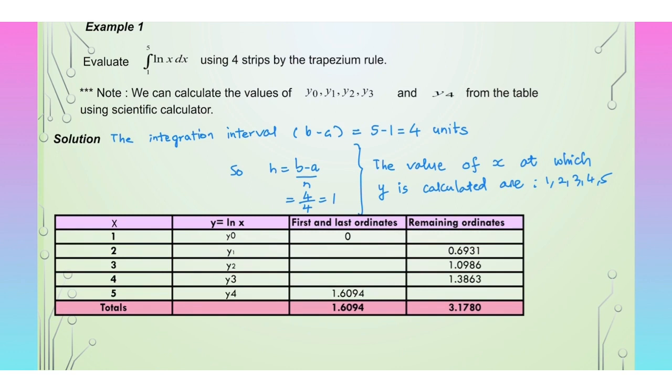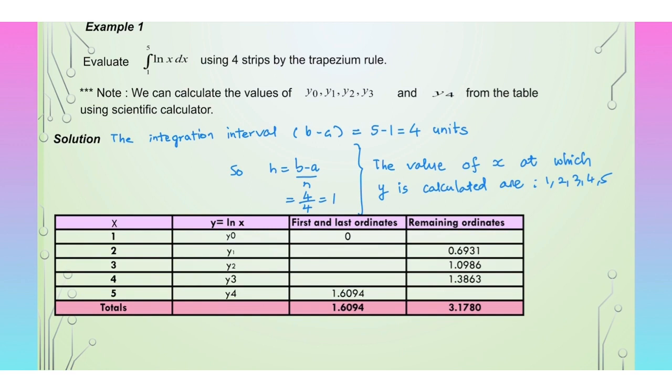Y0 is ln 1, so we have 0. And the last ordinate is x equals 5, this is y4. So ln 5 is 1.6094. In this column we add up together, and we have 1.6094.